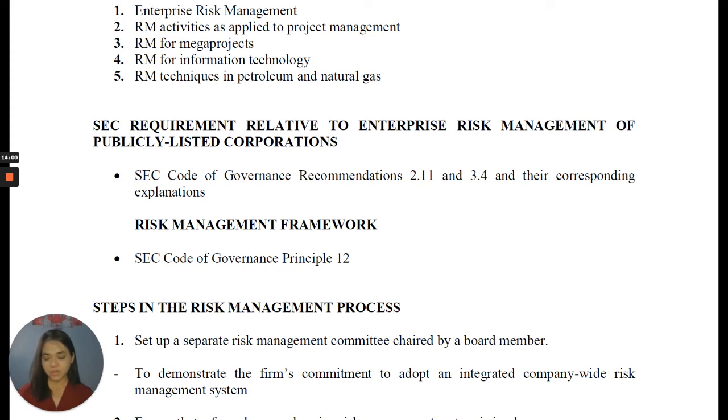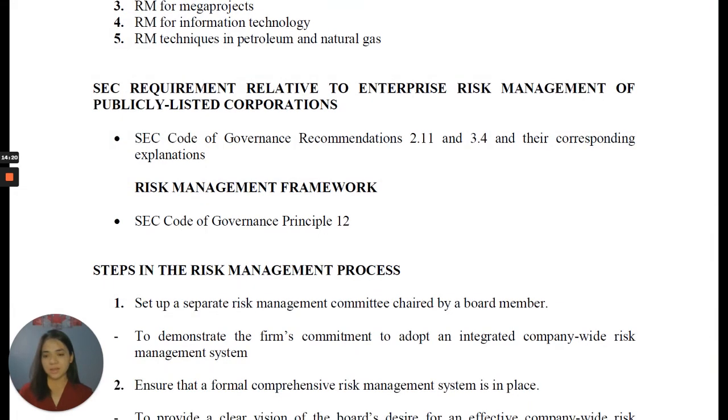Further, the risk management framework is mentioned in SEC Code of Corporate Governance, Principle number 12. That the company should have a strong and effective internal control system, an enterprise risk management framework to ensure integrity, transparency, and proper governance.